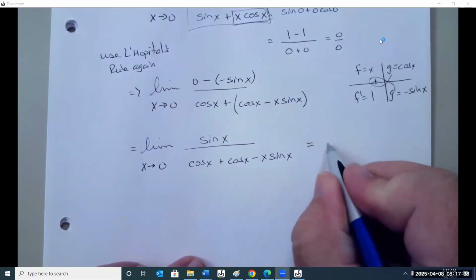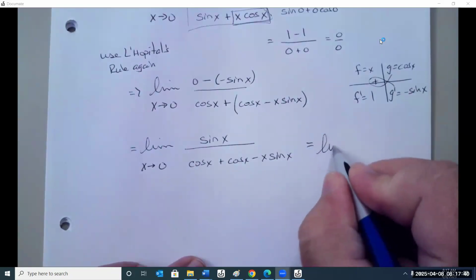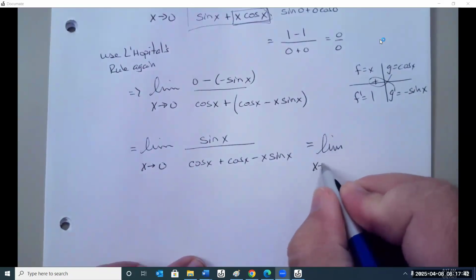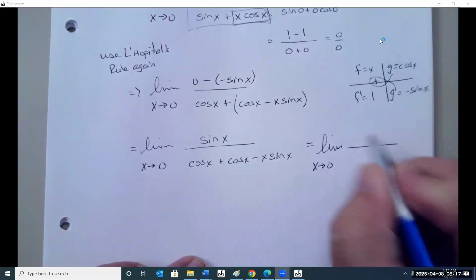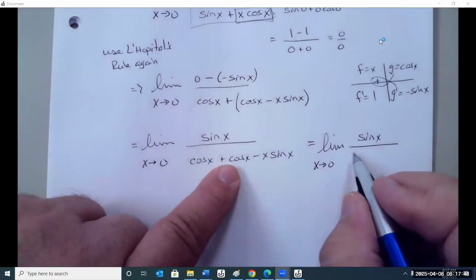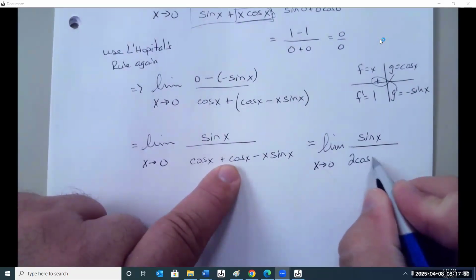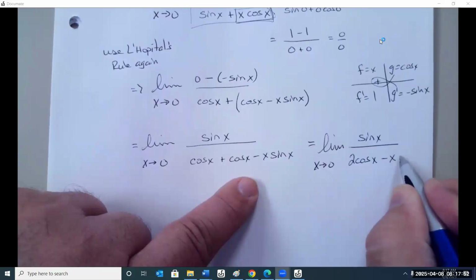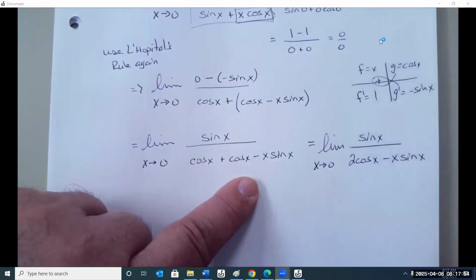Which becomes sine x over, cosine plus cosine is 2 cosine, minus x sine x.